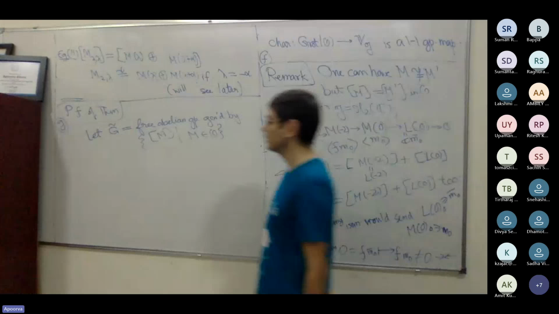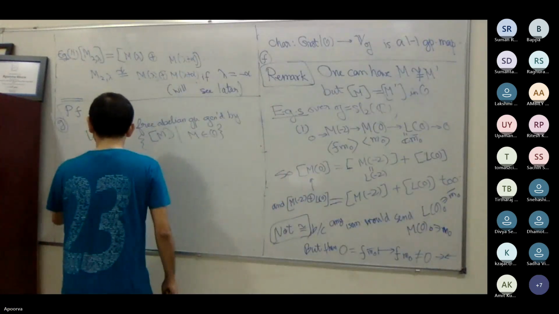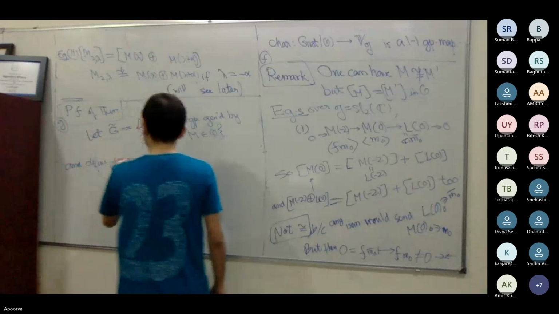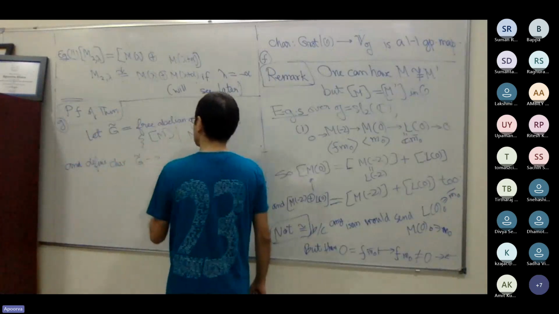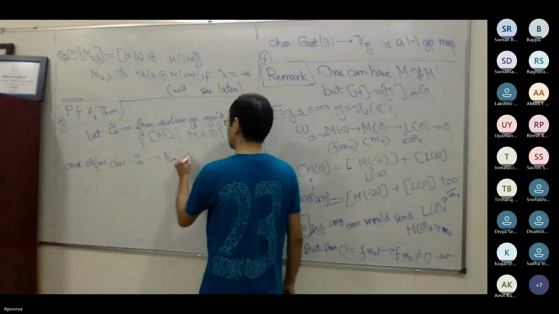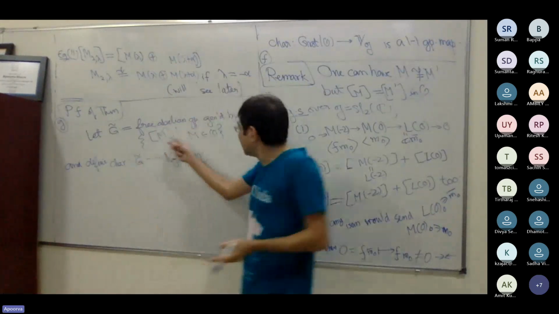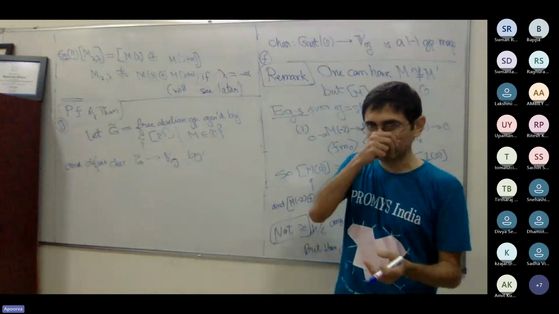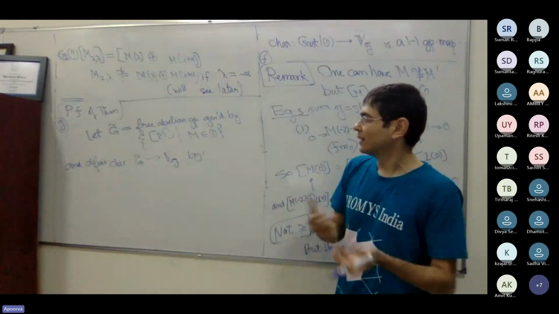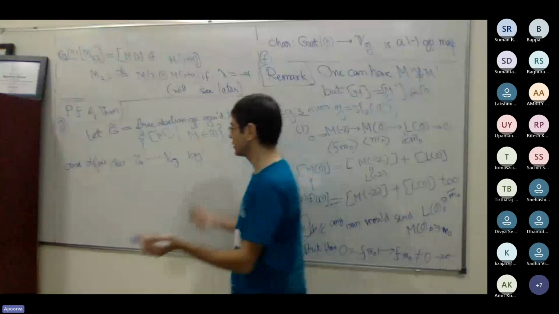And define the character from G tilde to this vector space Bg by: elements of a free abelian group are finite integer combinations of these elements.